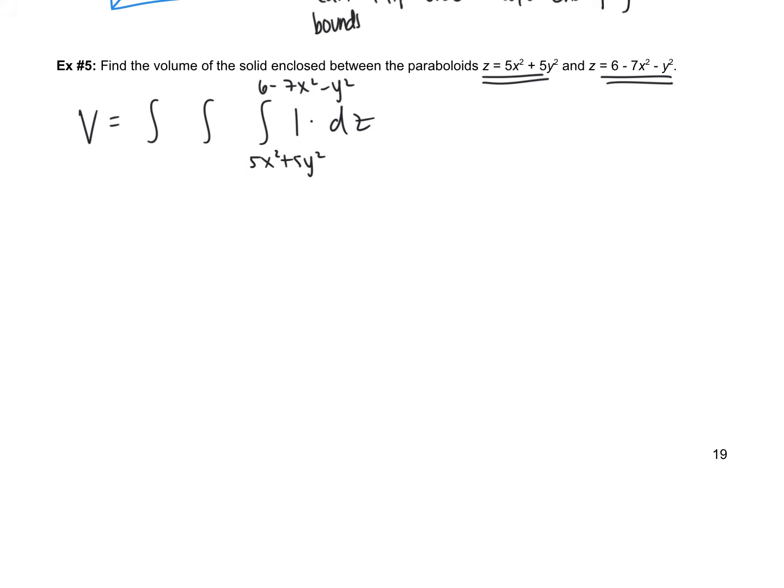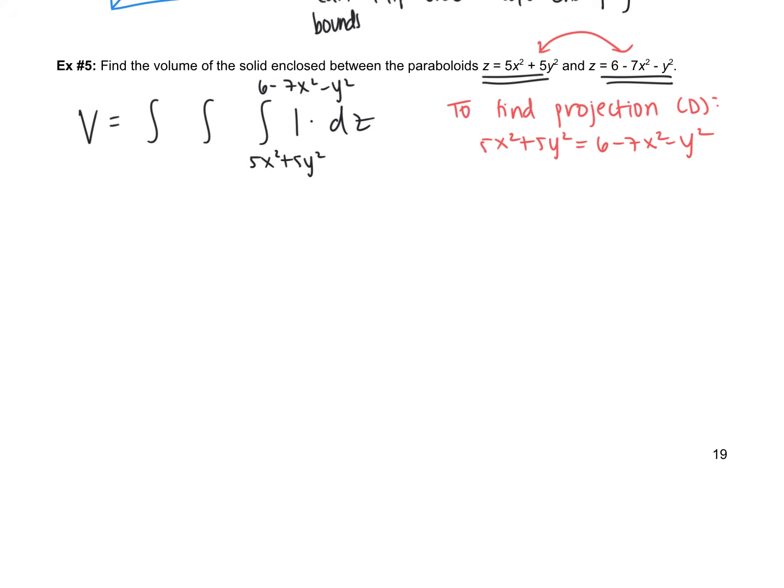The problem is, what does our projection look like? What does our region D look like? How do we find the limits for y and x? To find our projection, our region D or R, whatever you want to call it, that's going to happen where these two figures intersect. So we get 5x squared plus 5y squared is equal to 6 subtract 7x squared subtract 7y squared.